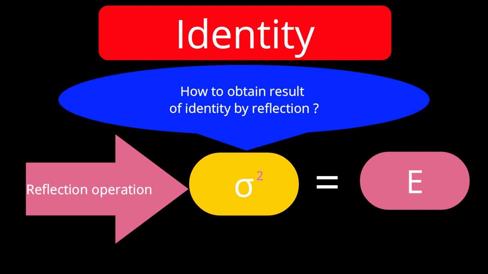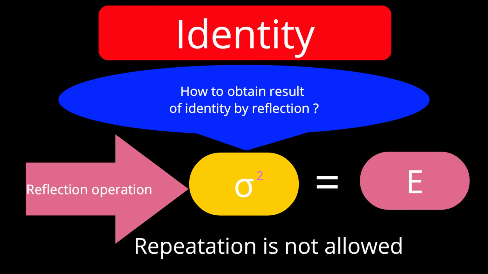So sigma is the representation for plane of symmetry. Sigma 1, yes, we need to consider. Sigma 2 means the sigma operation second time is equivalent to identity. And I told you repetition is not allowed, so we will not consider sigma 2. So the sigma operation we will consider only one time, because sigma 2 is equivalent to the identity operation.